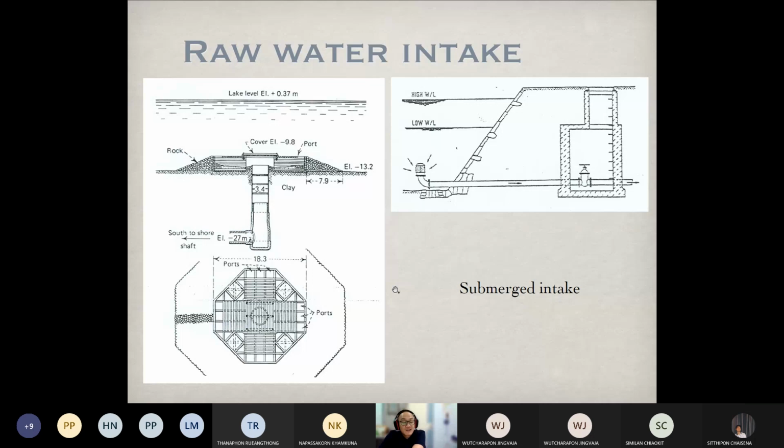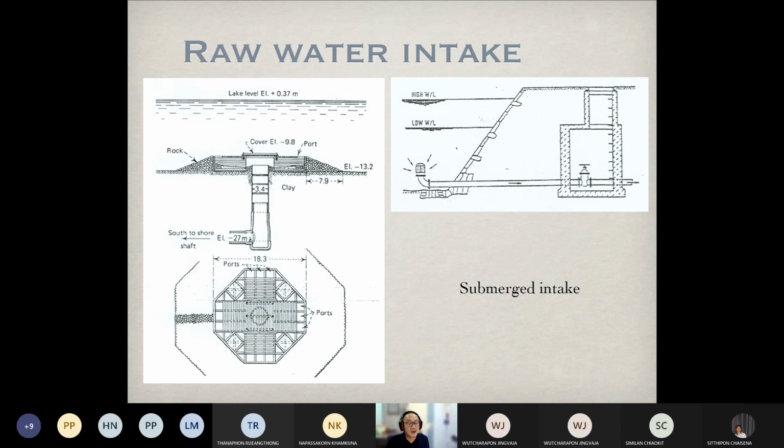This is the photographs of the submerged intakes. As I told you, the submerged intake is under the water. It's installed in the water, so no part of the submerged intake emerges from the water. The beneficial use of this one is that it won't block transportation in the water.